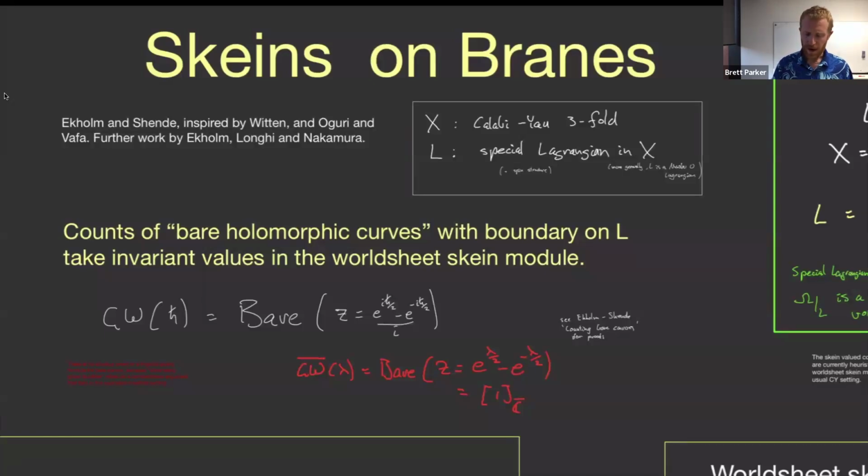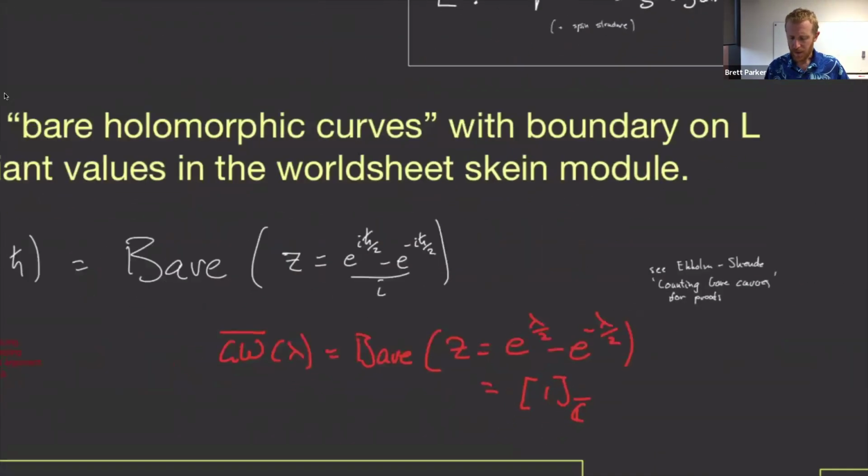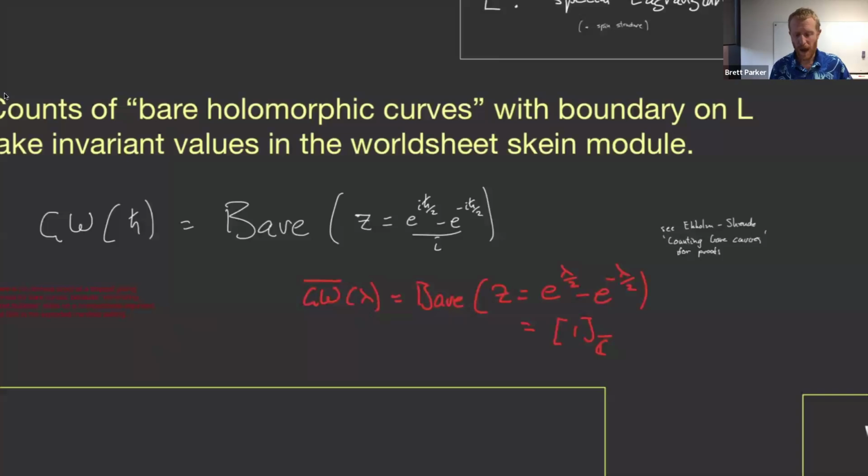So what I want to do is instead count Gromov-Witten invariants. Roughly speaking, the relationship between Gromov-Witten invariants and the bare curve count should be that the bare curve count has this parameter z, and you replace it with this quantum deformation of 1.